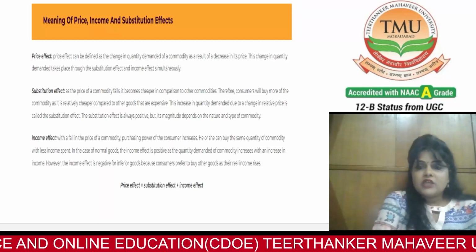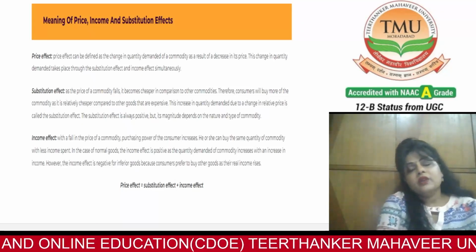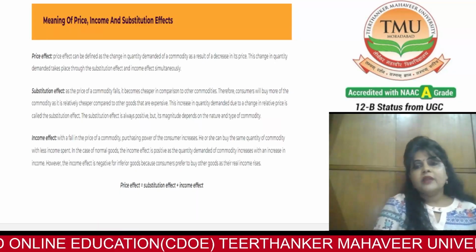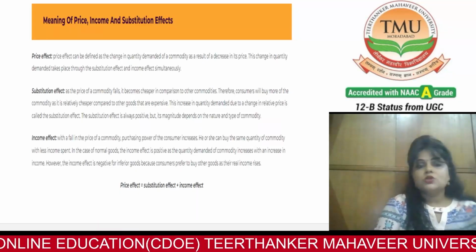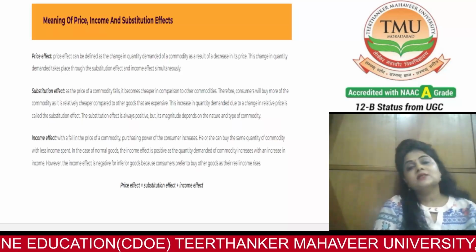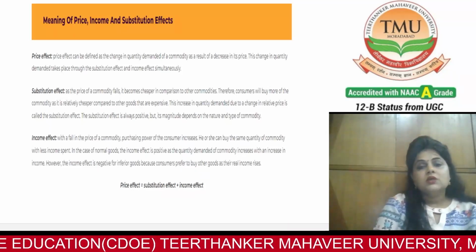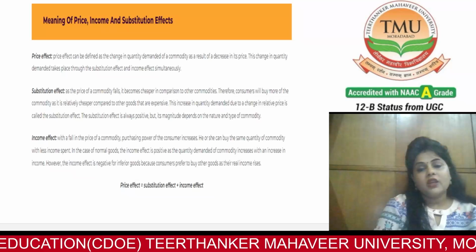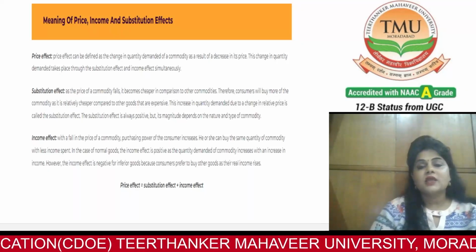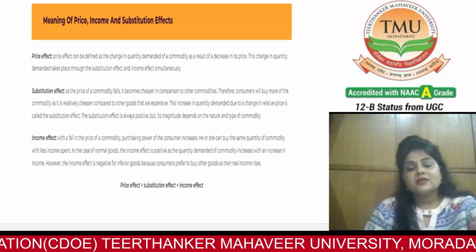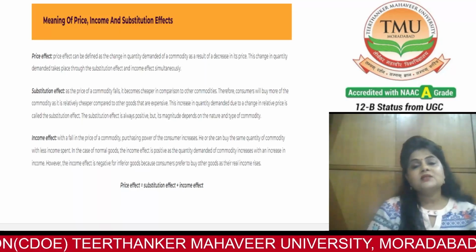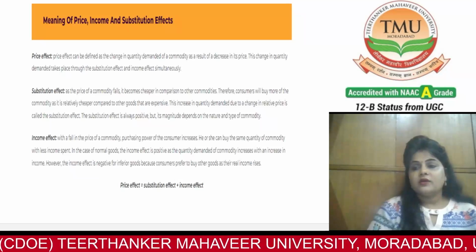Inferior goods have a negative relationship with income: when the income of the consumer increases, he consumes less of the inferior good, preferring to buy other goods as real income rises. So price effect is equal to substitution effect plus income effect.